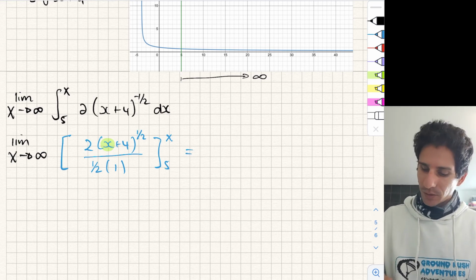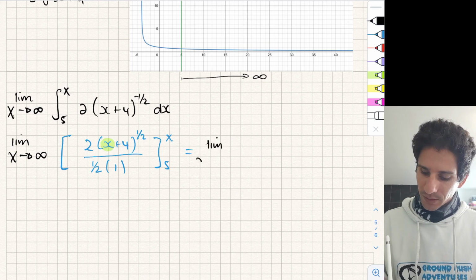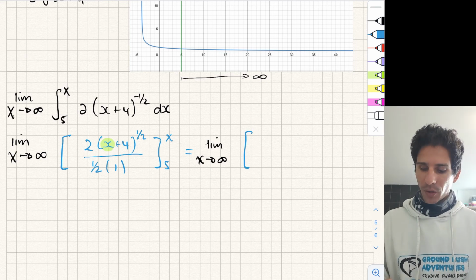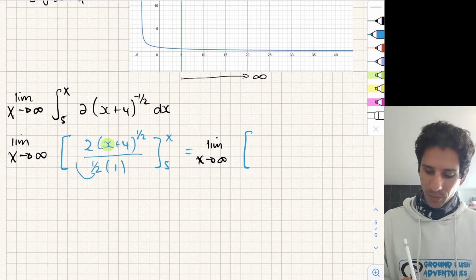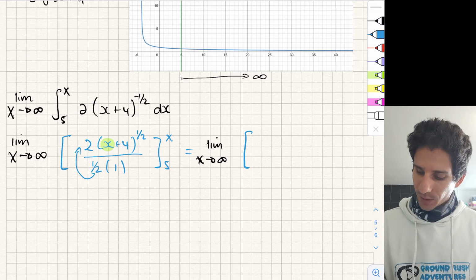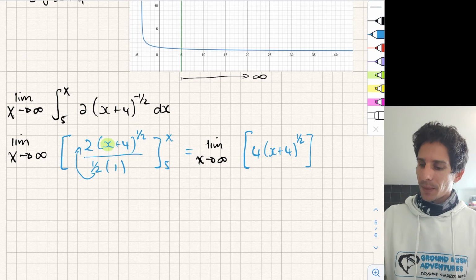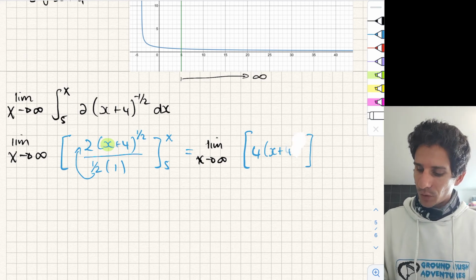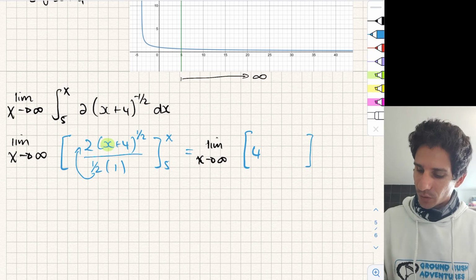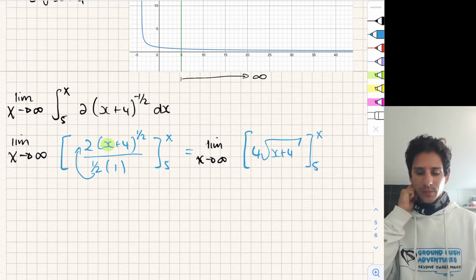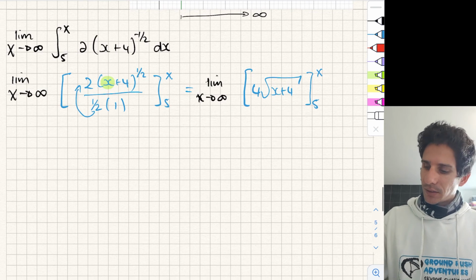This is still the limit as x approaches infinity of, well, that half jumps up to the top, and we get 4 times x plus 4 to the power of a half. We can go one step further and rewrite this as 4 square root of x plus 4, from 5 to x.